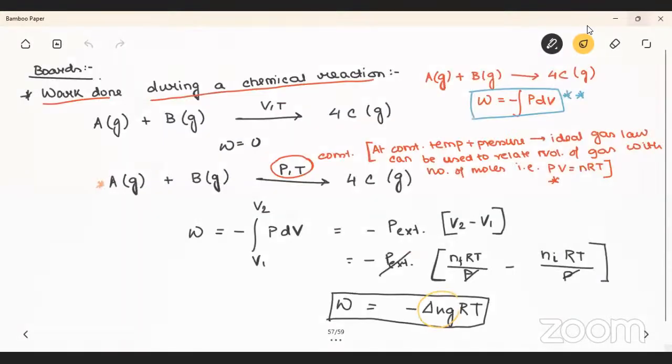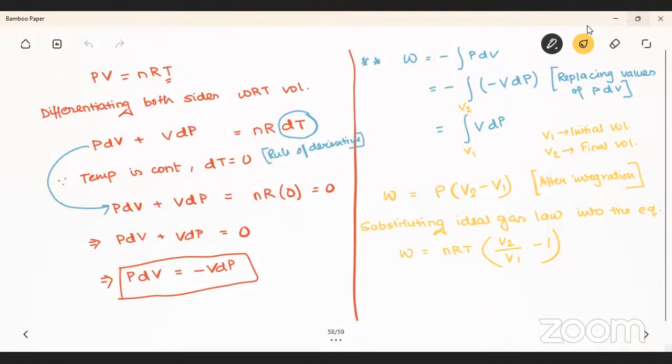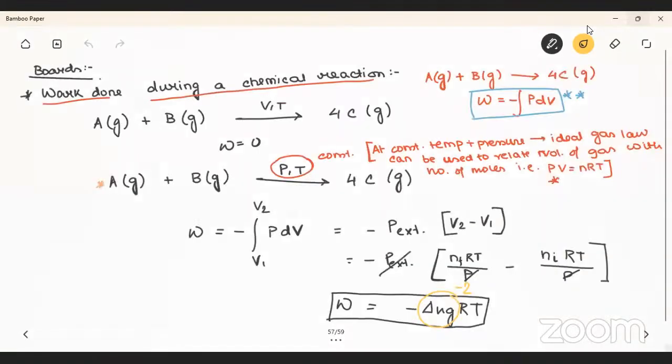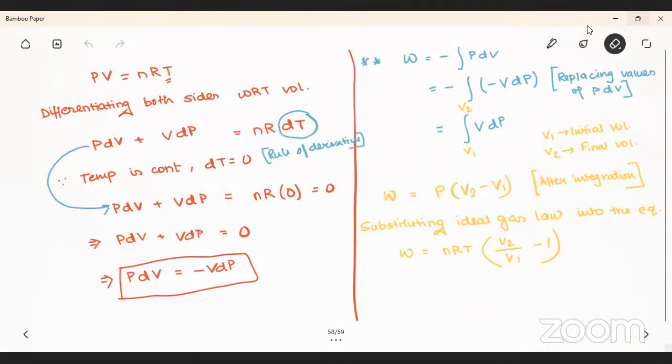Here I have replaced this with -2. Okay. So this is the derivation. This is the formula. So what I have done here, W is equal to P into V2 minus V1. Up to this, I guess it is clear to everyone. Now I have replaced this V2 and this V1.